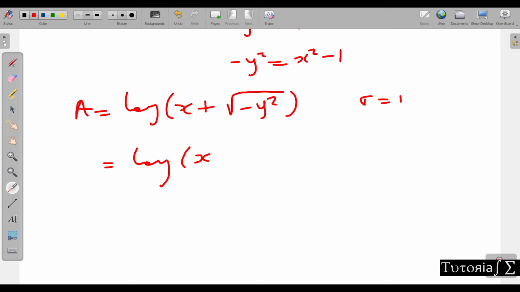That's minus 1. Why? Look at the square root of that. To be root of negative 1 times root of y squared. So this can be separated into this part. What is root of negative 1?